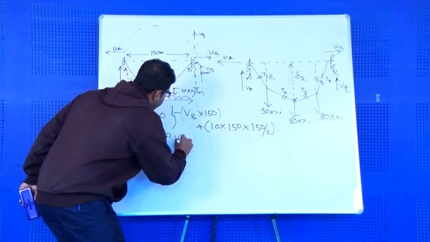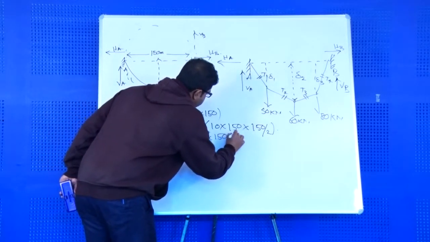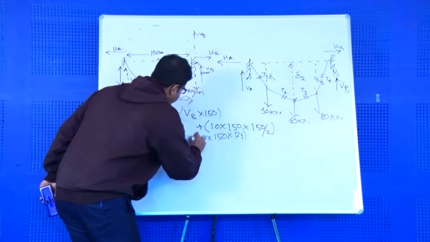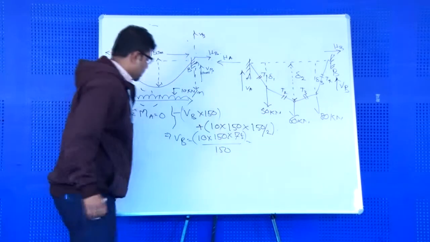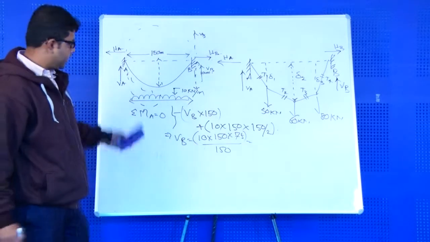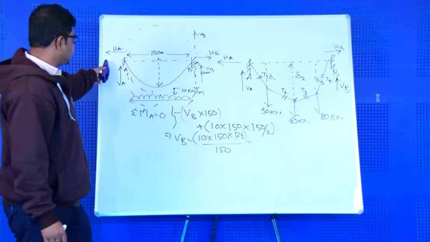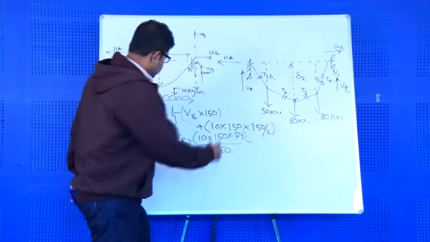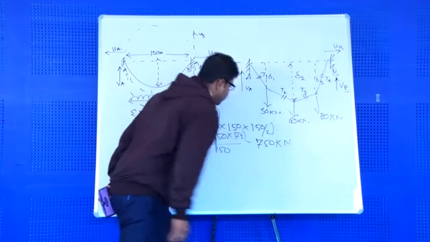So VB will be 10 into 150 into 75 divided by 150. As per the symmetry of the structure, VB will be equal to VA and HA will be equal to HB. So you get VB as 750 kilonewton.